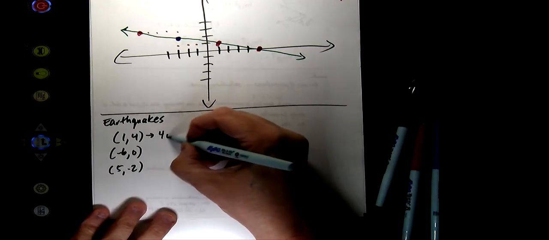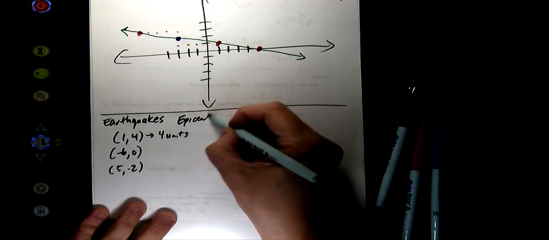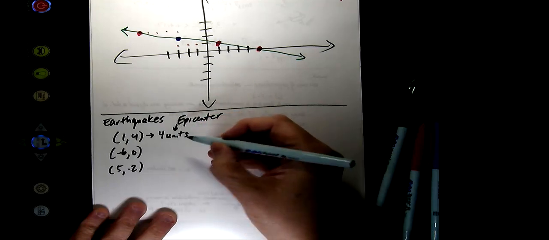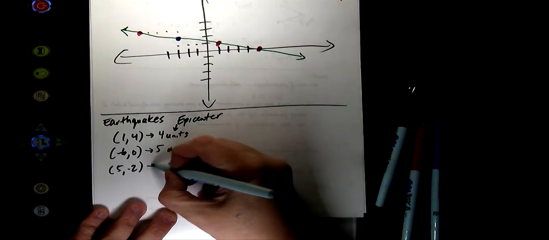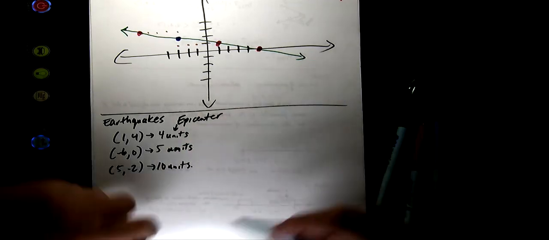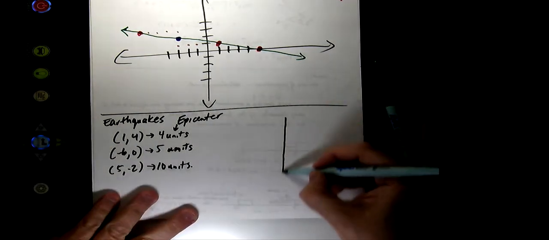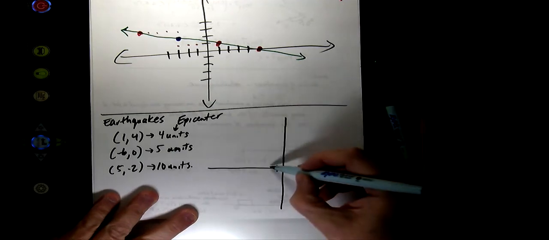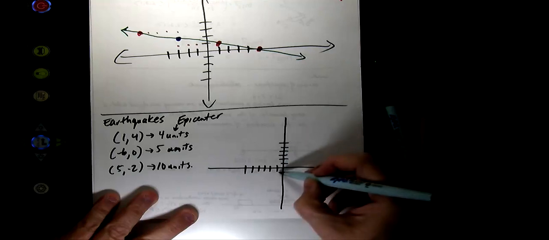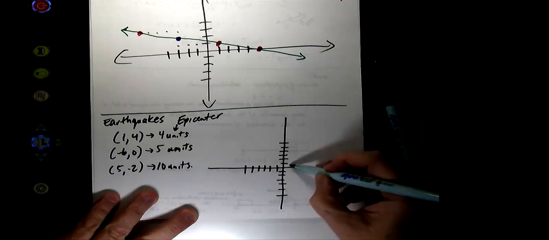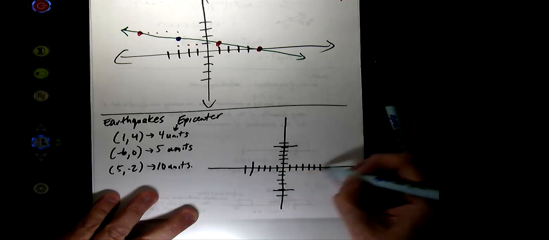The epicenter is 4 units away there, 5 units away here, and 10 units away here. Those are the 3 marks.